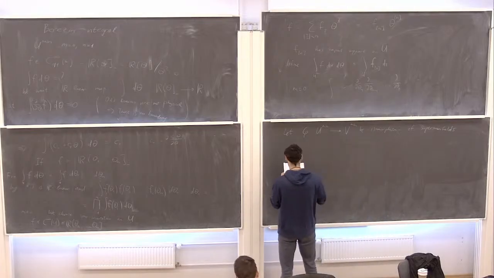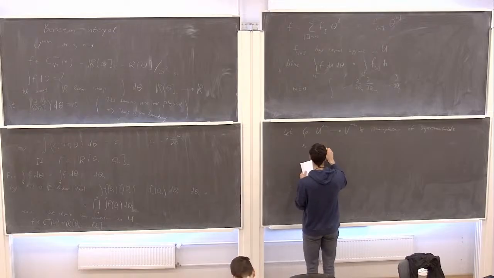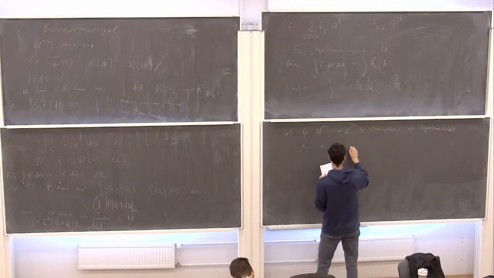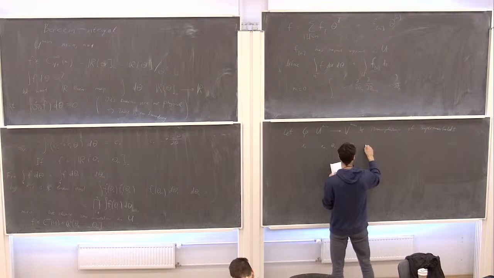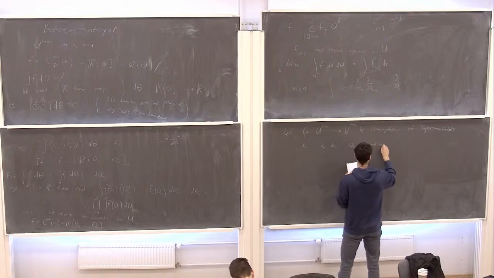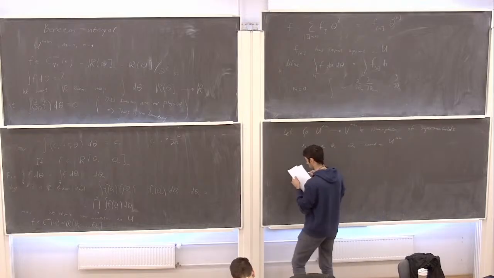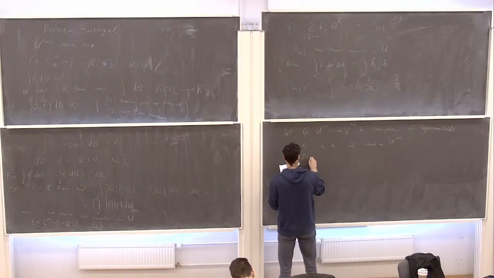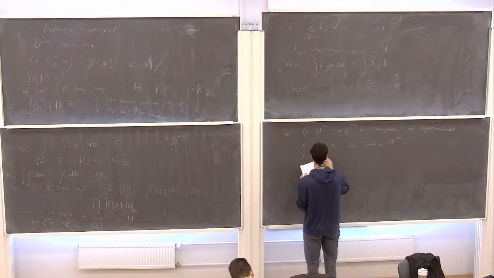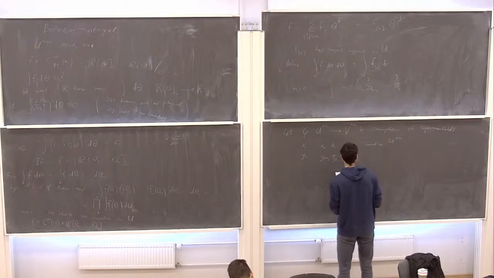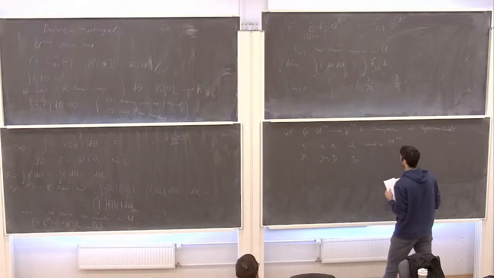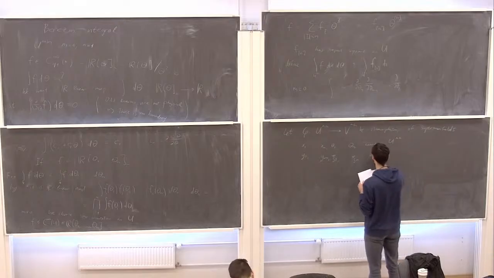The first ones would be x1 through xm, theta 1 through theta n. So these are coordinates on U^{m|n}. And on the second one, we have y1 through ym, psi 1 through psi n. So these are coordinates on V^{m|n}.